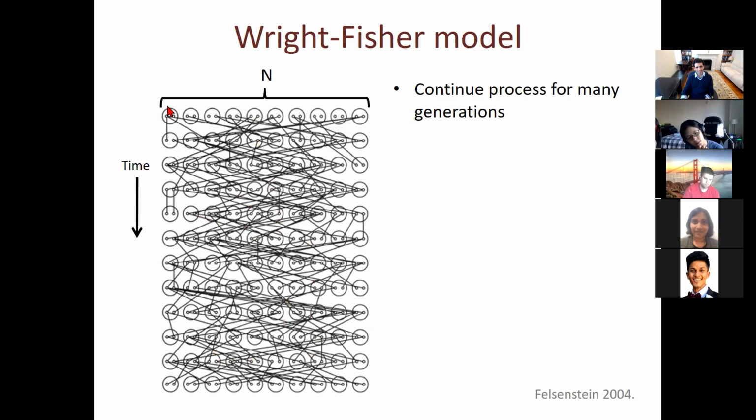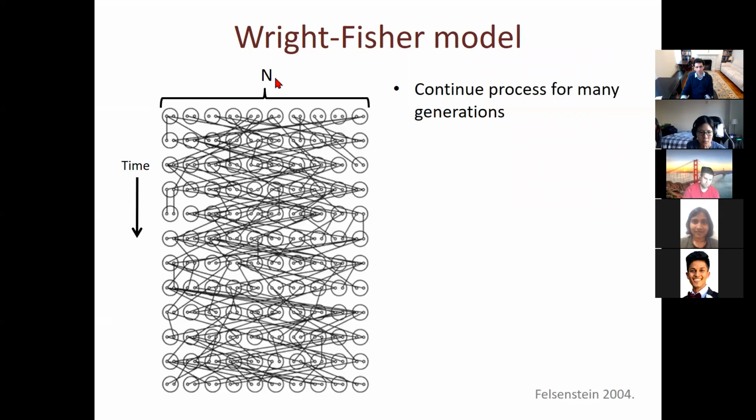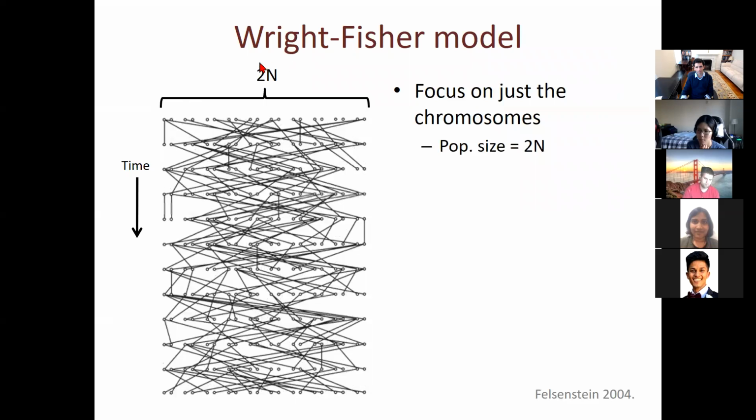But if we abolish the individual boundaries and we just think about chromosomes evolving, instead of having n individuals, I now have 2n chromosomes. And every chromosome basically gives rise to 1 chromosome. Going backward in time, every chromosome came from exactly 1 chromosome. And going forward in time, every chromosome can give rise to 0 or more chromosomes.